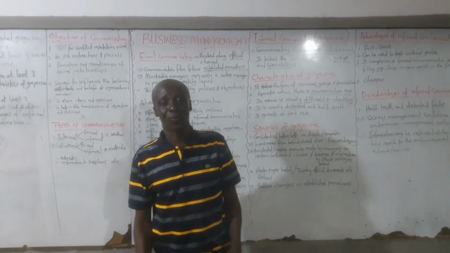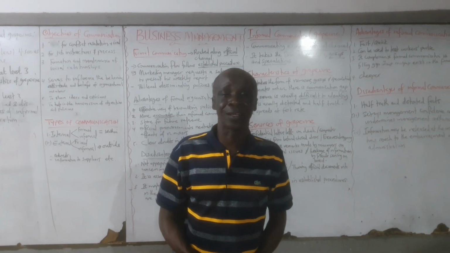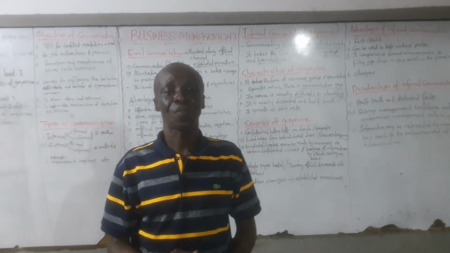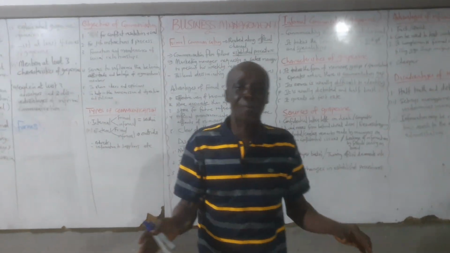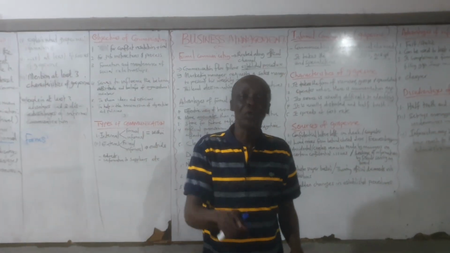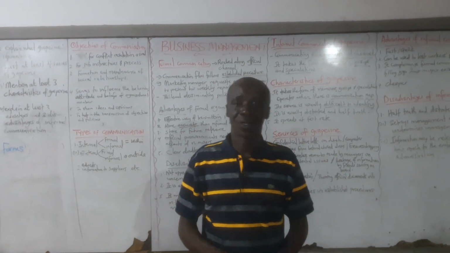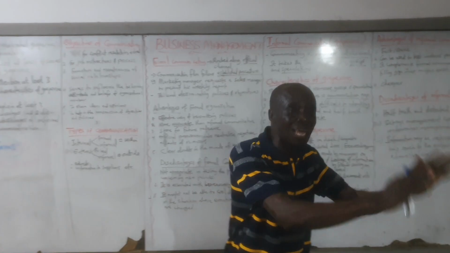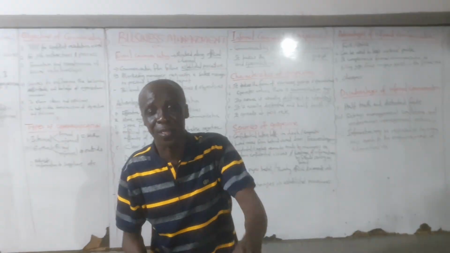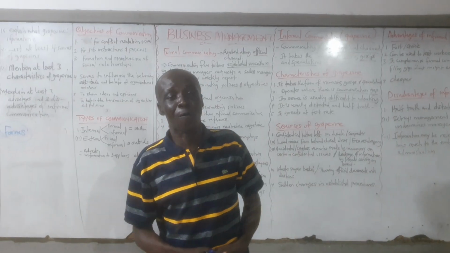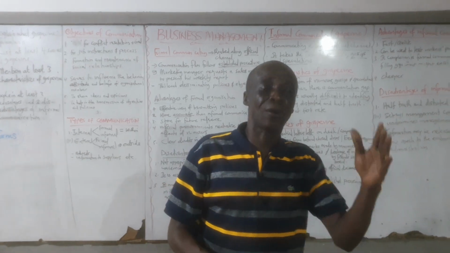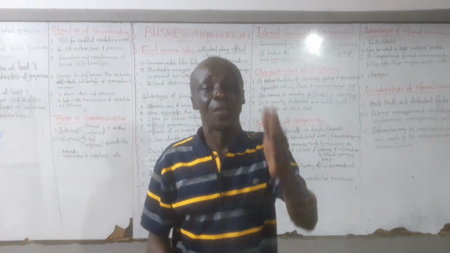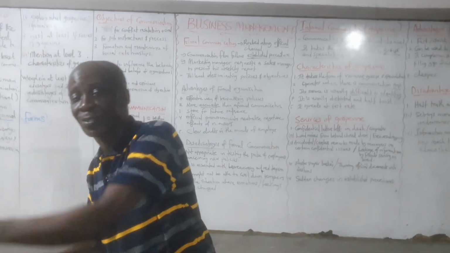For example, even in school, class captain, if there is any problem in your class, whom do you report to? It has been established that when you have a problem here, inform your form master. Then your form master will inform the head of department.